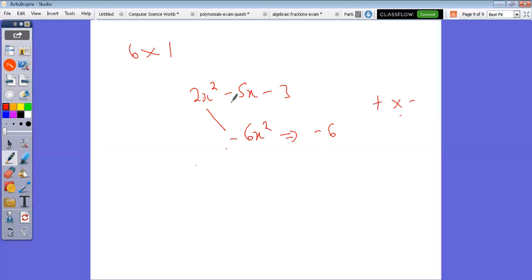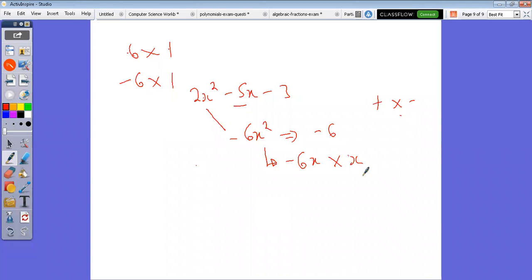But since it's a negative, which one is negative and which one is positive? The negative number is greater. So it's minus 6 times 1. But remember, this is x. So we are actually dealing with negative 6x multiplied by x, which gives us negative 6x squared. When we add them, we get minus 5x.